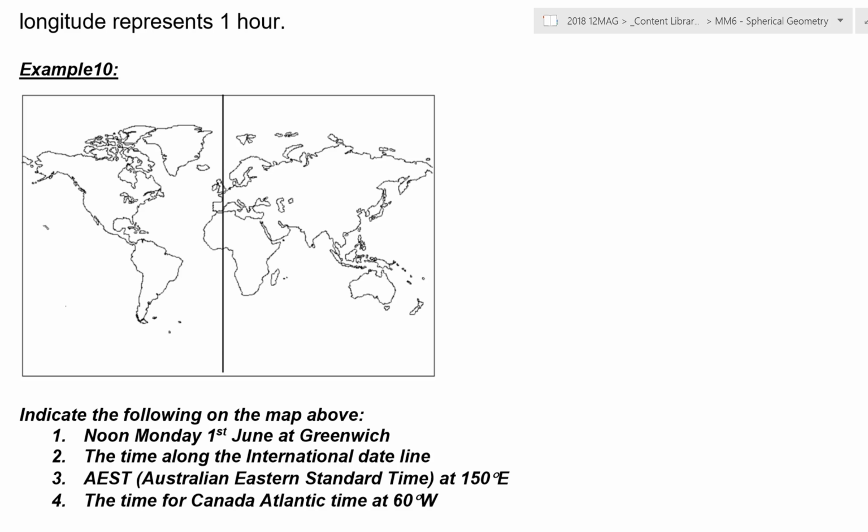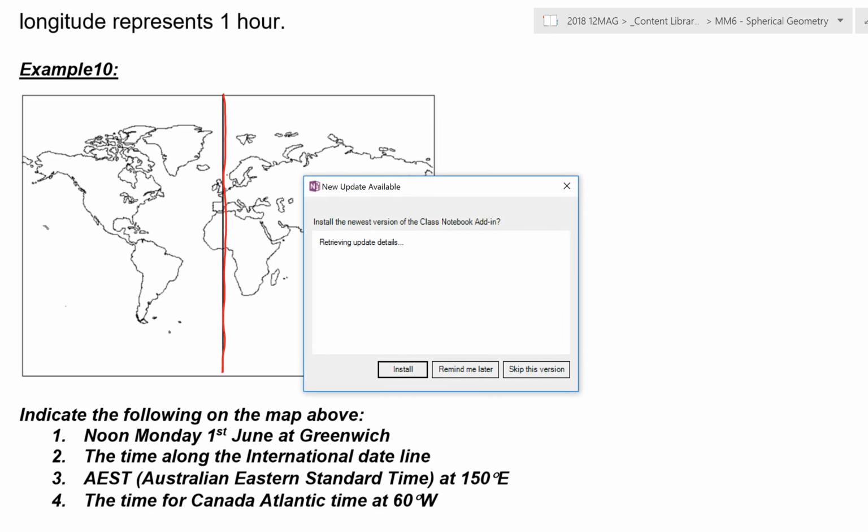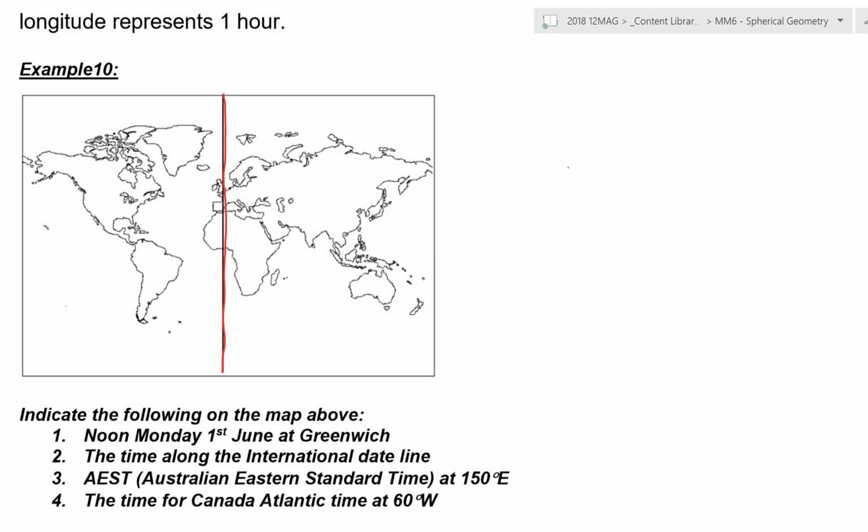Noon, Monday, 1st of June at Greenwich. This is our prime meridian. There's London there somewhere, and the Royal Observatory at Greenwich.